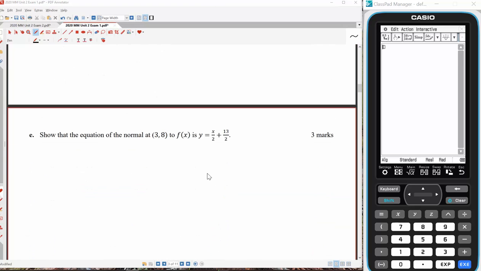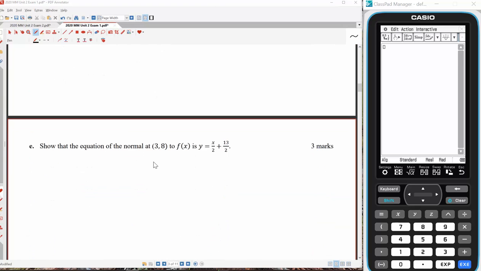All right, show that the equation of the normal at 3, 8 is that. So remember, what we need to do is, we know that the point is 3, 8, so we've been given that.